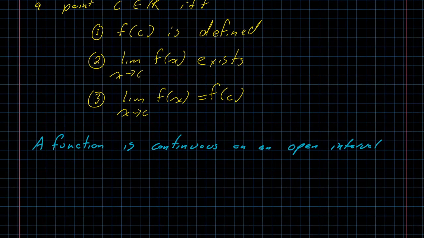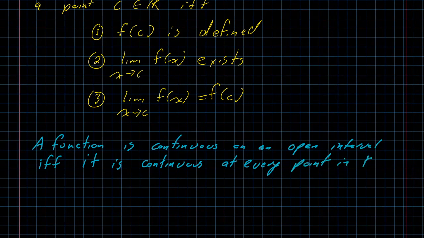A function is continuous on an open interval if and only if it is continuous at every point in that interval.